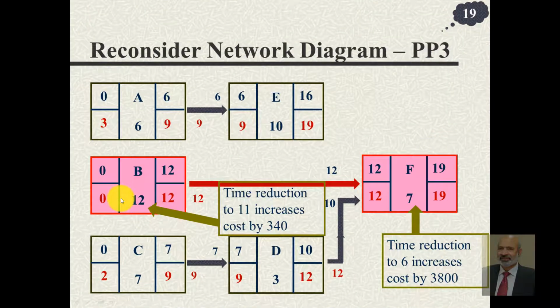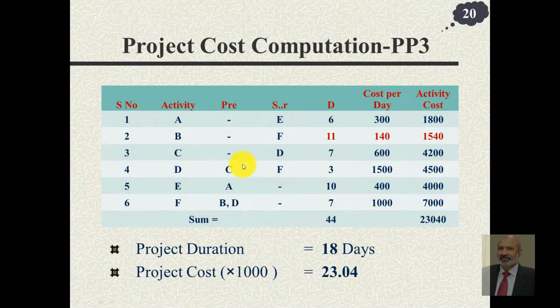So we choose this and we proceed further. We recompute. This time we are putting new time 11 days, the new associated cost 1540, and we have reduced the time to 18 days, and the cost goes up to 23.04 or $23,040.